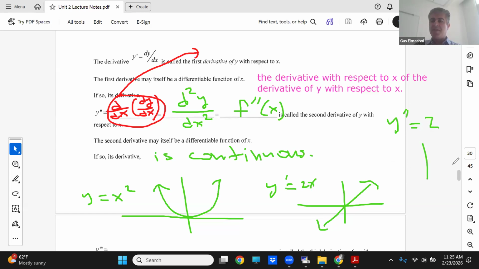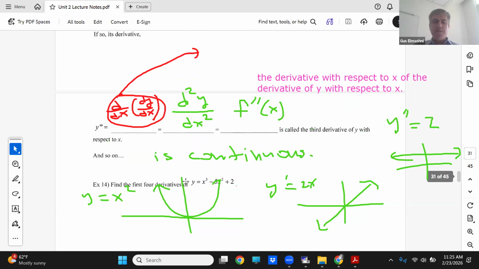What's that going to look like? Just a line. I can even do a third derivative. What's the derivative of 2? And of course, that would just be on the x-axis, right? Can I do the fourth derivative? Still 0. And then all the future derivatives? Still 0. Yeah, totally. So you can do this over and over again. Ultimately, you're going to get down to 0 if it's a power term with a whole number exponent.